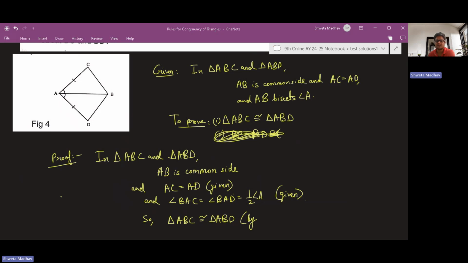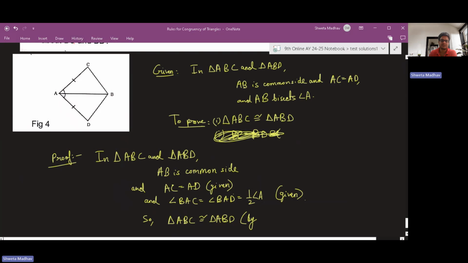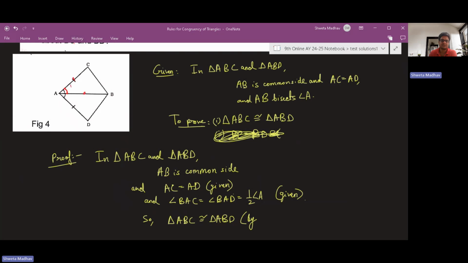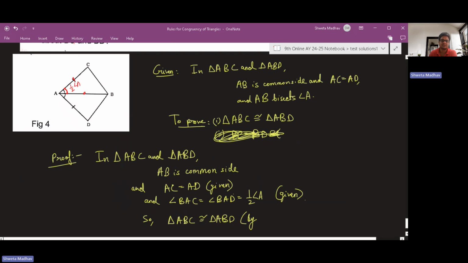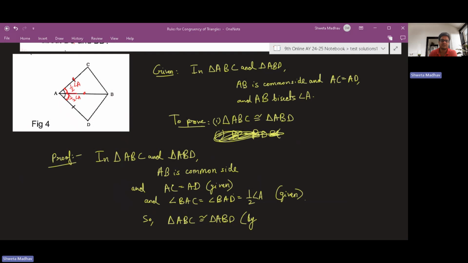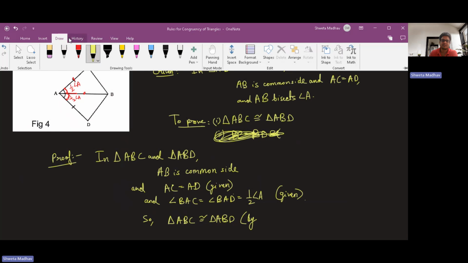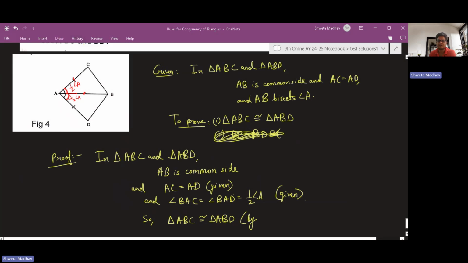Angle BAC is half of angle A, and this is also half of angle A, and this angle is the included angle of these two sides. So ABC is congruent to triangle ABD by the SAS rule of congruency.